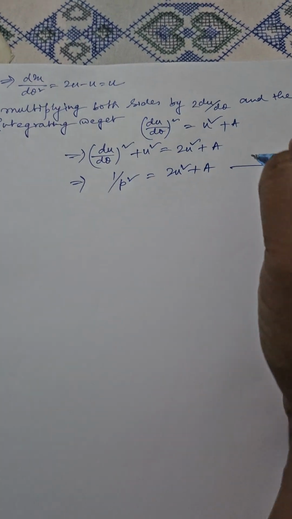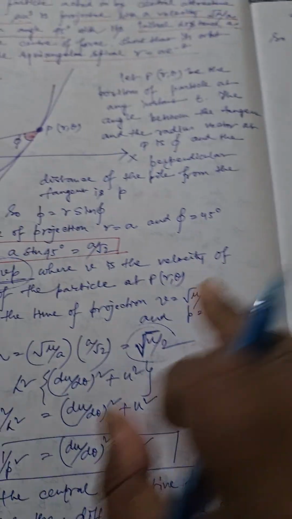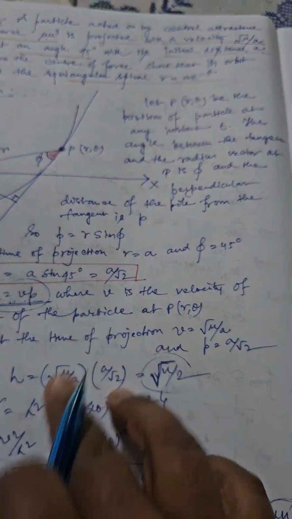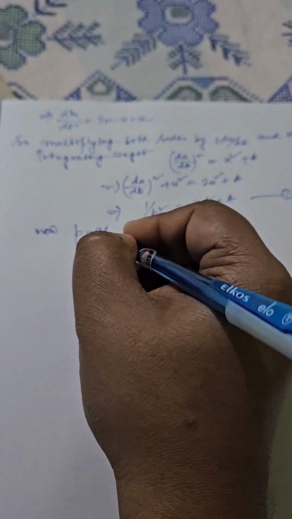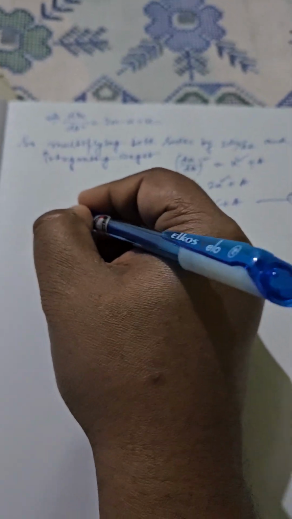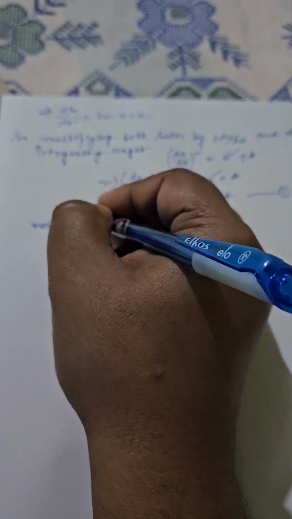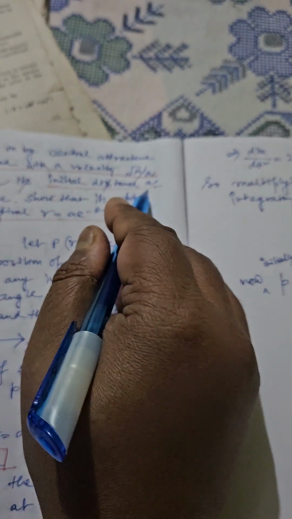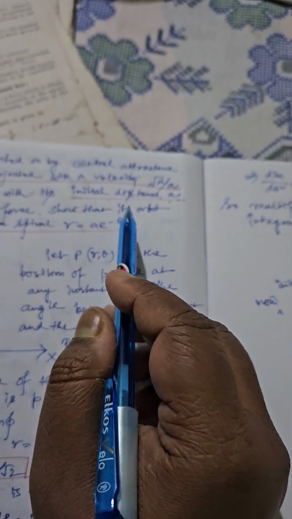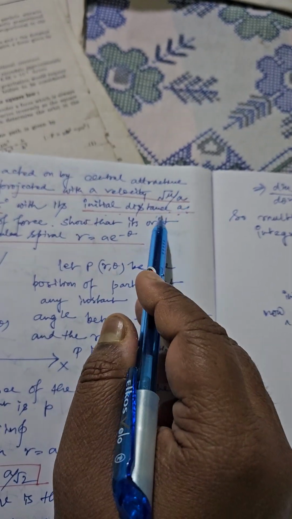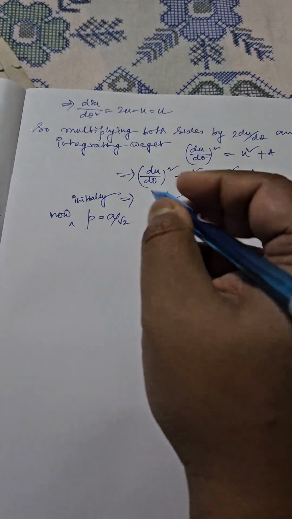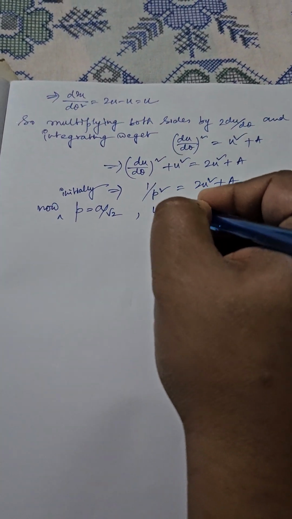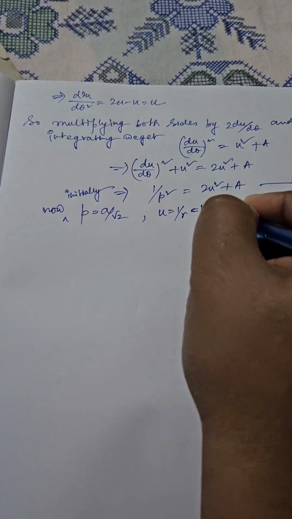So this is, say, equation number 1. Now again remember, p is equals to what? A by root 2. You can write initially, and initial distance is supposed to be a. P is equals to 1 by root 2 and initial distance is nothing but a. So you can write u will be 1 by r, that is equals to 1 by a.